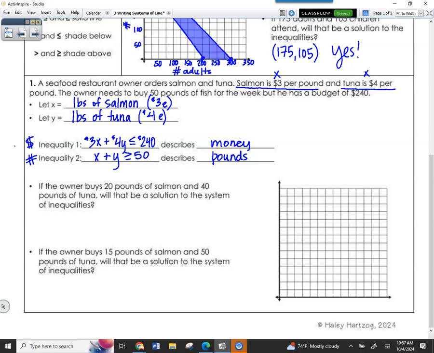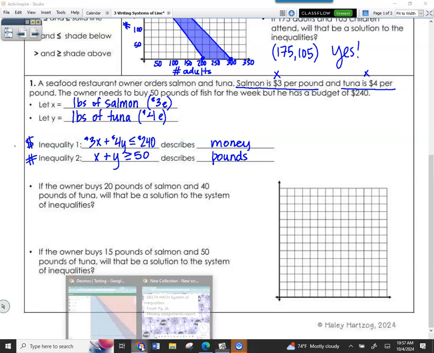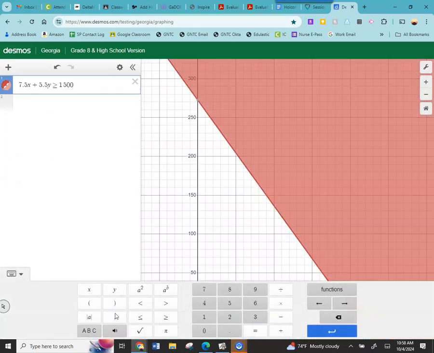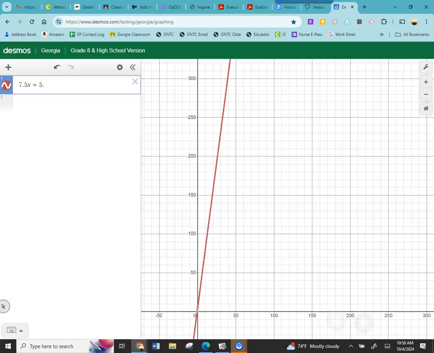All right, so now we're going to graph this on Desmos, okay? We're going to go to Desmos and we're going to see where these numbers intersect the x-axis.